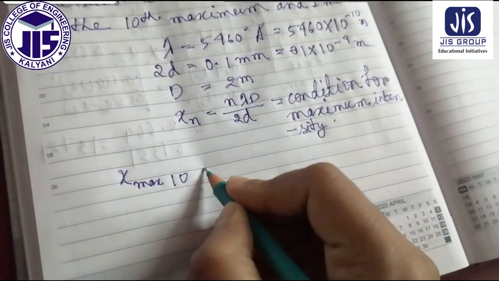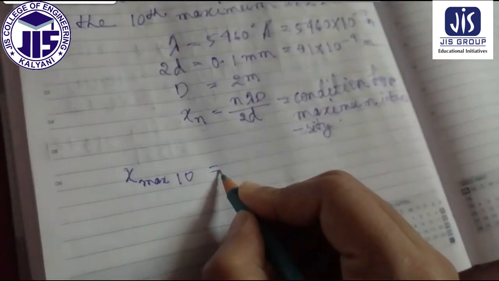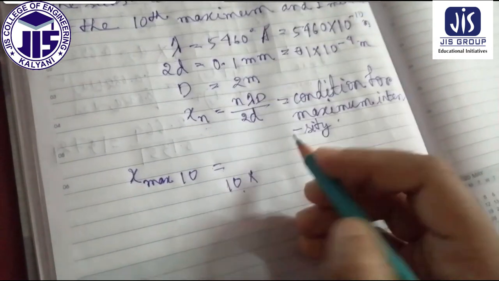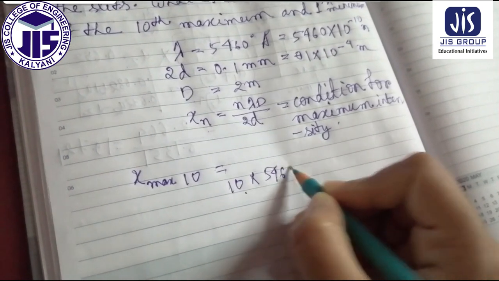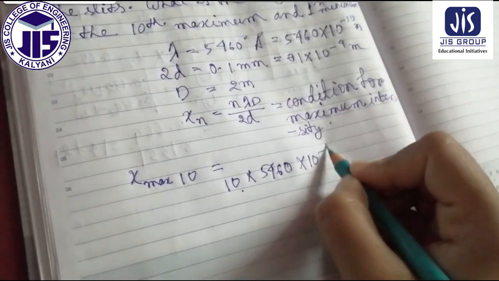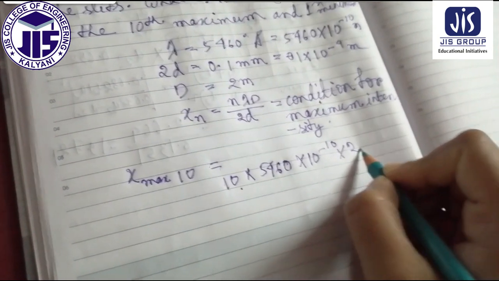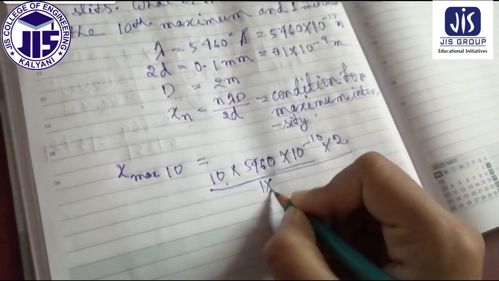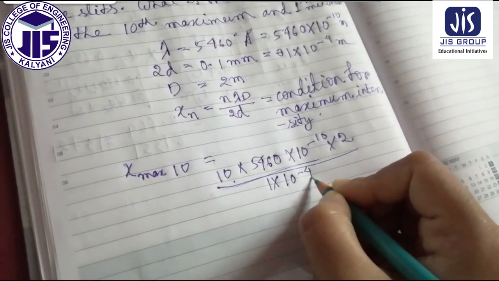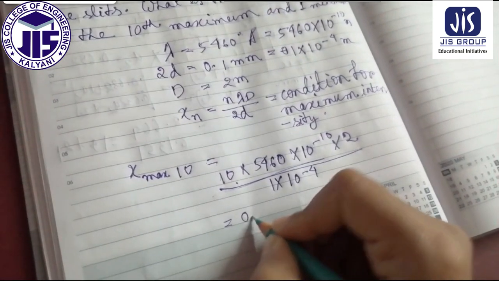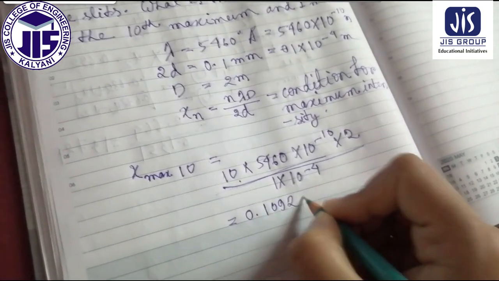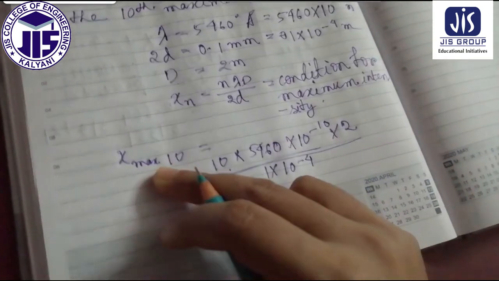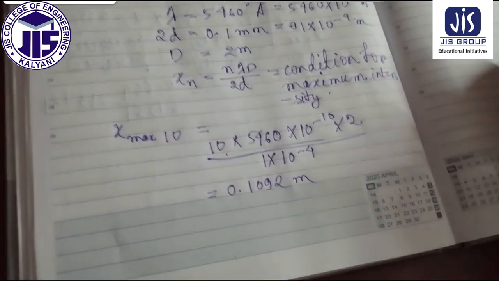So x max 10 is equal to 10 into 5460 into 10 to the power minus 10 into 2, because D is 2, divided by 1 into 10 to the power minus 4, which is equal to 0.1092 meter. So x of the 10th maximum we now know.